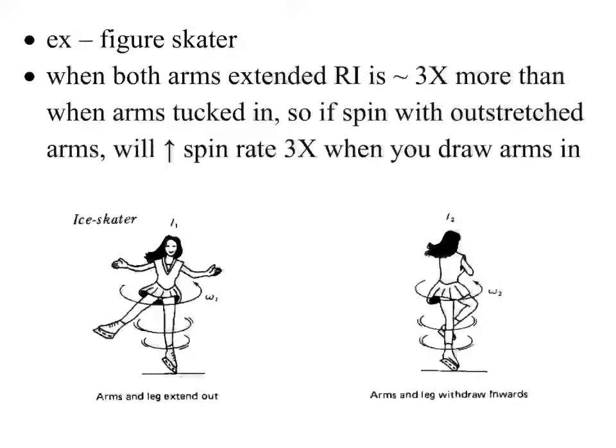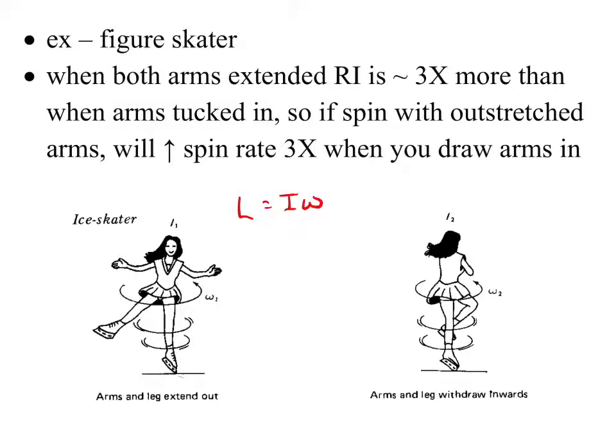So that's why when you see ice skaters start to spin faster, what do they do? They try to make themselves smaller. They try to make their radius smaller so they spin faster.